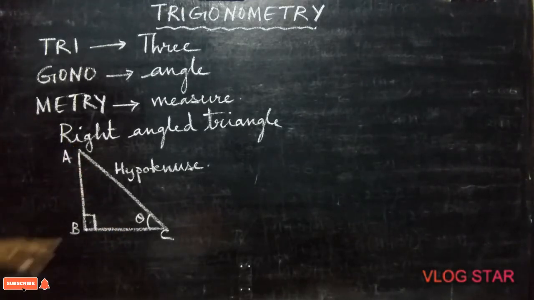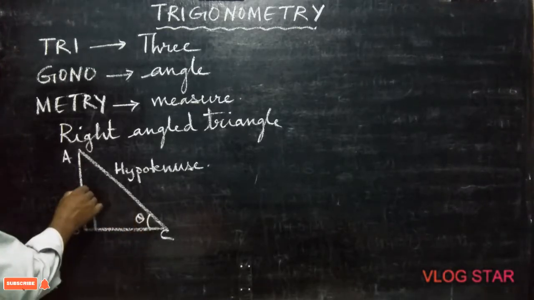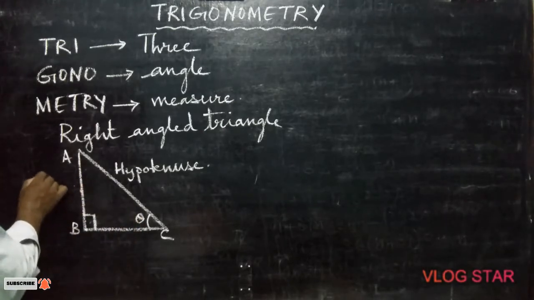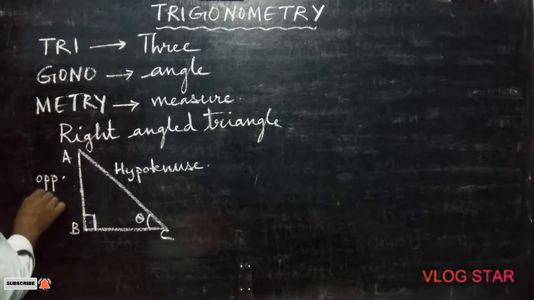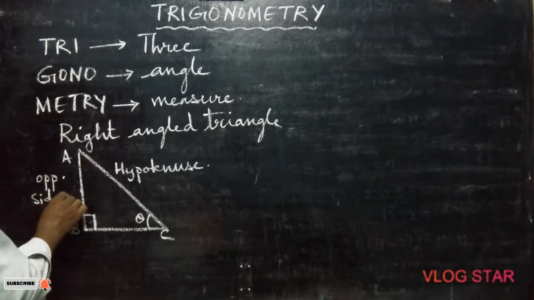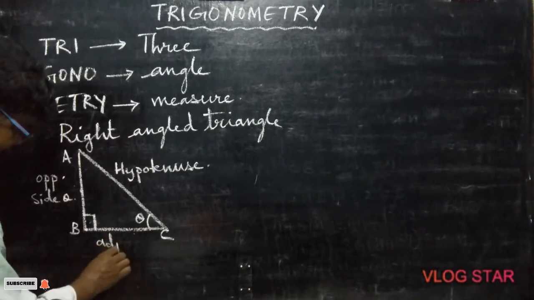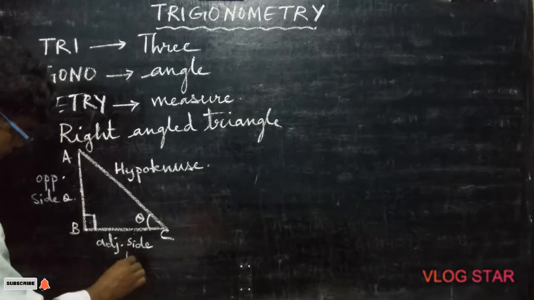Now all of you listen carefully. Here theta is there. AB is the opposite side to theta, and this is the adjacent side to theta.